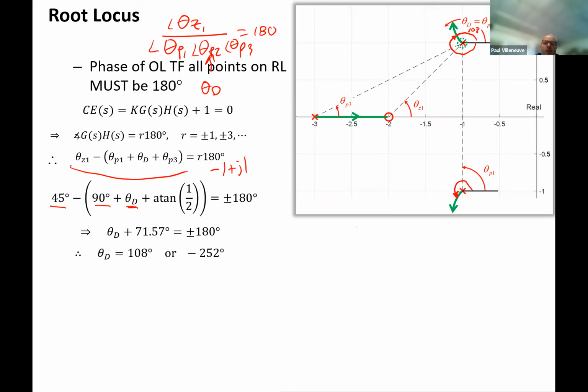This is the only other one that you can calculate, because the other ones don't have an angle. They just kind of go to each other, so there is no other angle of departure or arrival. So calculate the angle of departure for theta P1. And I'd love a volunteer to help me come up with the answer for this one.